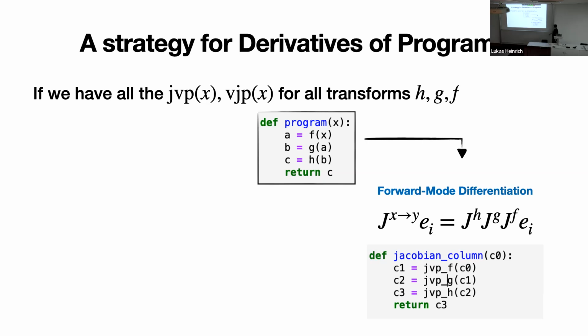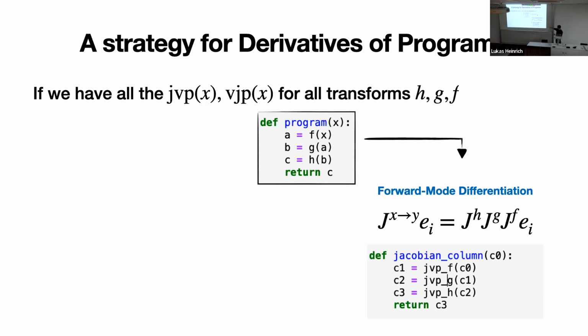The only thing we need to do is the Jacobian-vector products one by one. We have the Jacobian-vector product of f on the input vector, which gives us our output. Then we stick it through the next Jacobian-vector product, and the next, and finally what we extract is a column of the Jacobian.